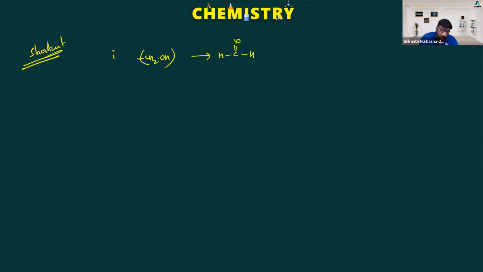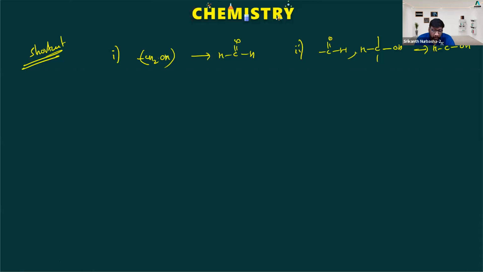First point. Whenever you have CHO, that is the C double bond O H aldehyde group, or CHOH, that is a secondary alcoholic group, that will be converted to formic acid, HC double bond OH.